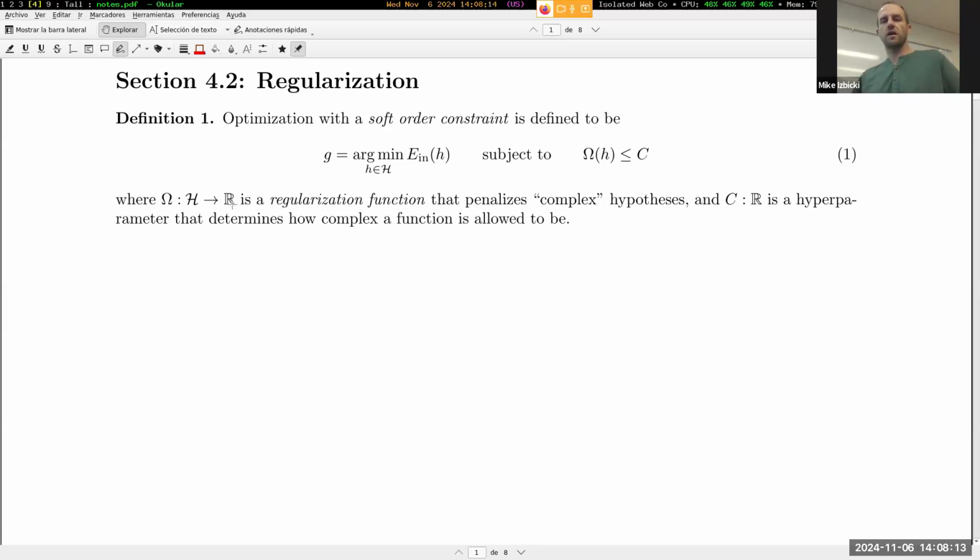But this first type of regularization that the textbook talks about is what's called a soft order constraint. The idea here is that when we're computing our G function, the argmin over our in-sample error, instead of considering all possible hypotheses in our hypothesis class, we add this constraint to the optimization problem.